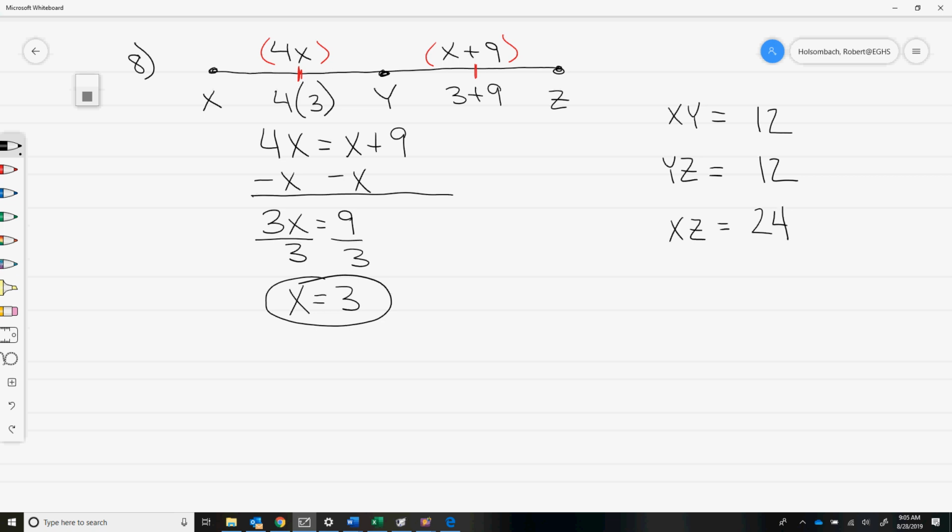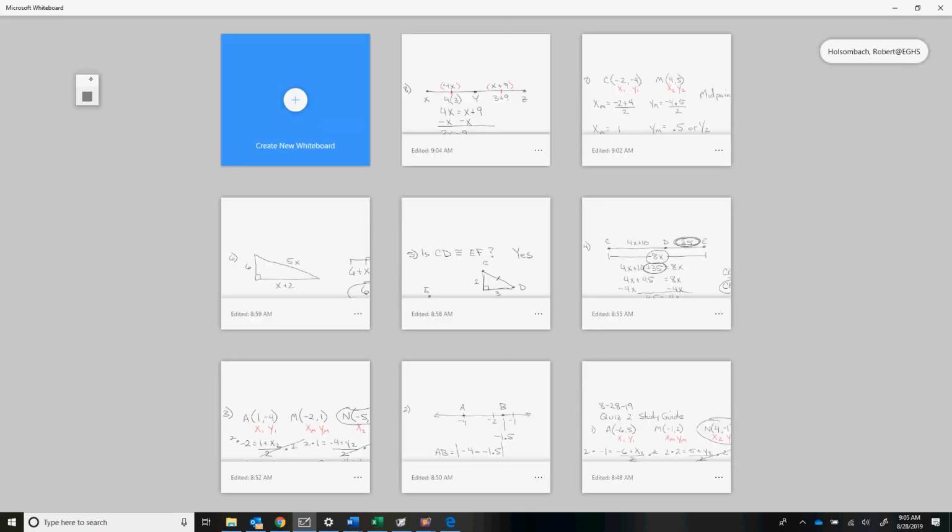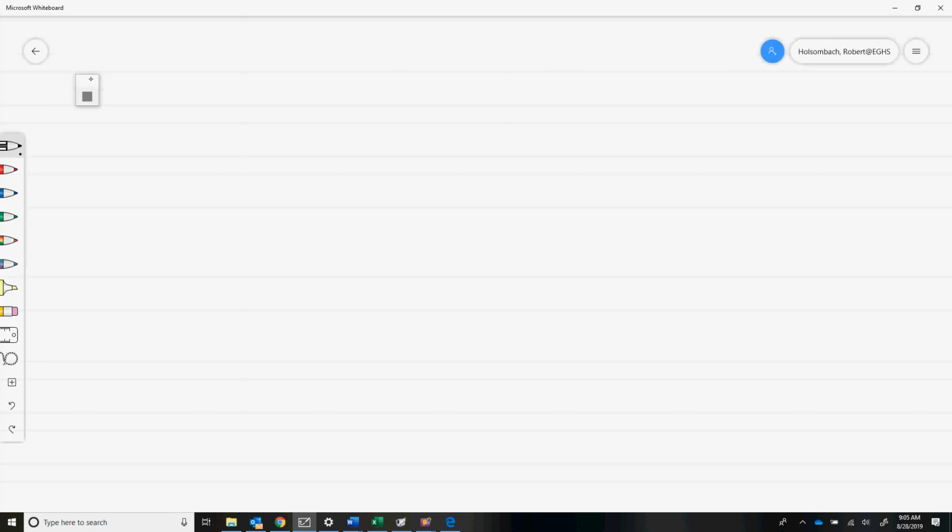Number 9. Distance formula. Find the distance from T to V. T is at 4, -4.